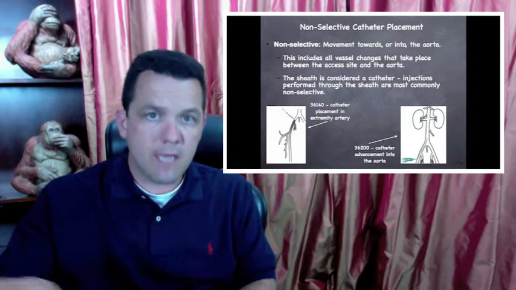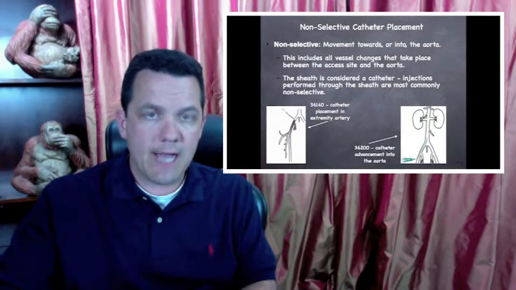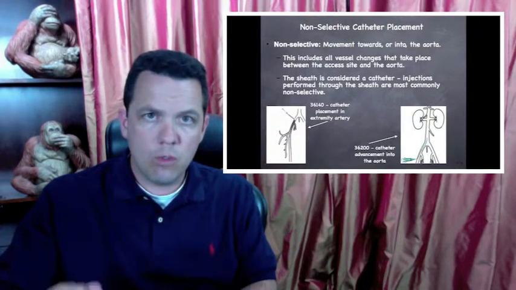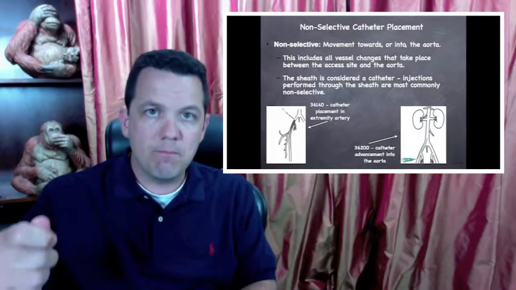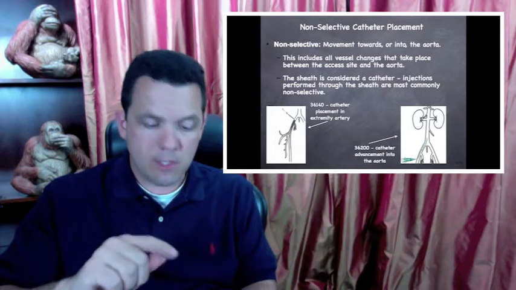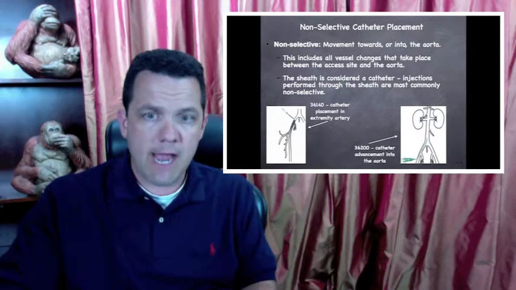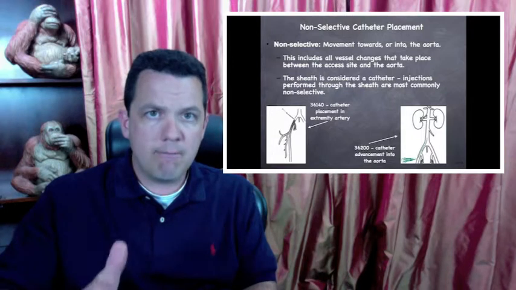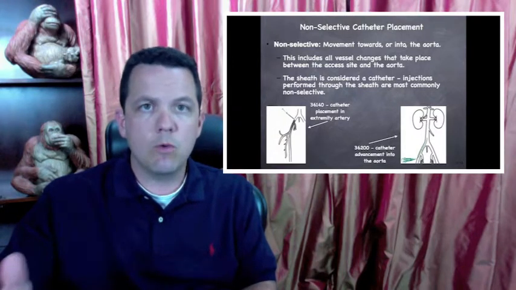The second illustration here on the right-hand side is an illustration of what a 36200 would look like. You can see that after the doctor obtained vascular access, the catheter was moved towards the aorta, and then it actually went into the aorta. So the code itself is going to change. The moment the doctor obtains vascular access, the code that's supported at that point in time is 36140.